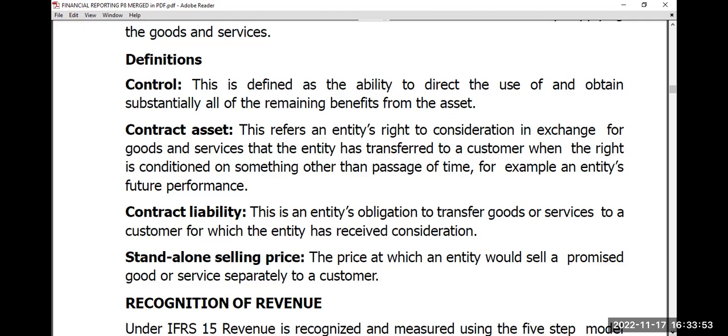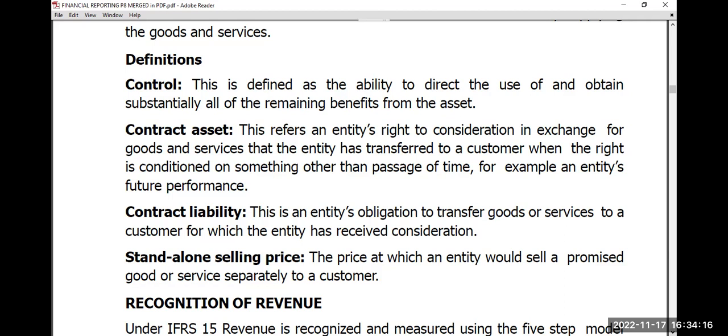Maybe you have got a contract to supply 500 computers, and you find that before you supply any item, they have actually given you some money before you start supplying the computers to the organization.